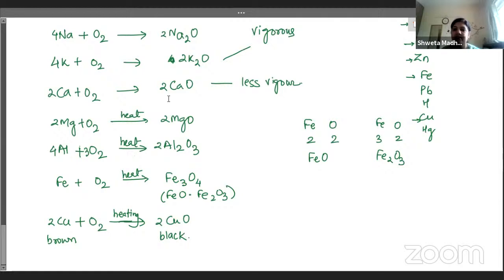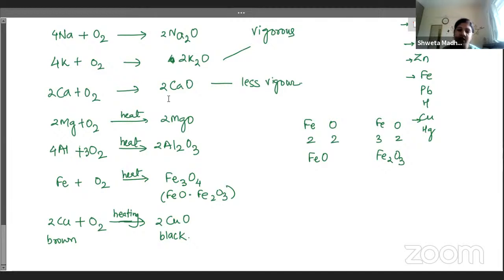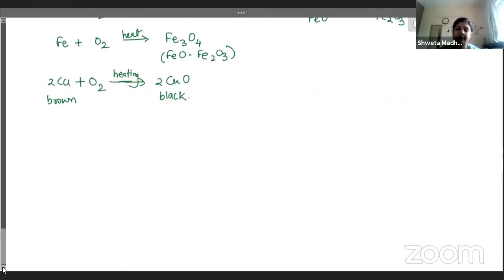Now at this place NCERT explains amphoteric oxides. I have explained this to you already earlier. You remember that? Yes, ma'am. Now here in this chapter they have explained the amphoteric nature. All metal oxides are basic in nature.